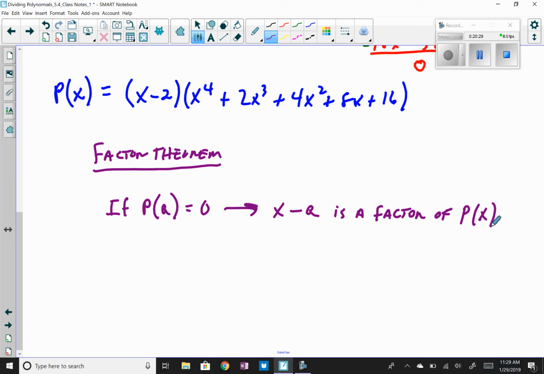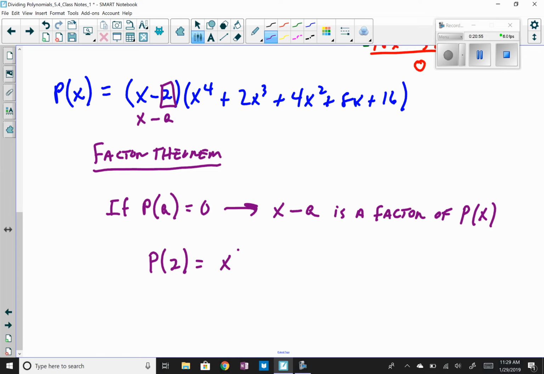All right, so we were dividing by x minus 2. So that's our x minus A, right? Now they're saying if P of A is equal to 0, well, in this case, A is 2. So if P of 2 is 0, and we'll figure that out now.